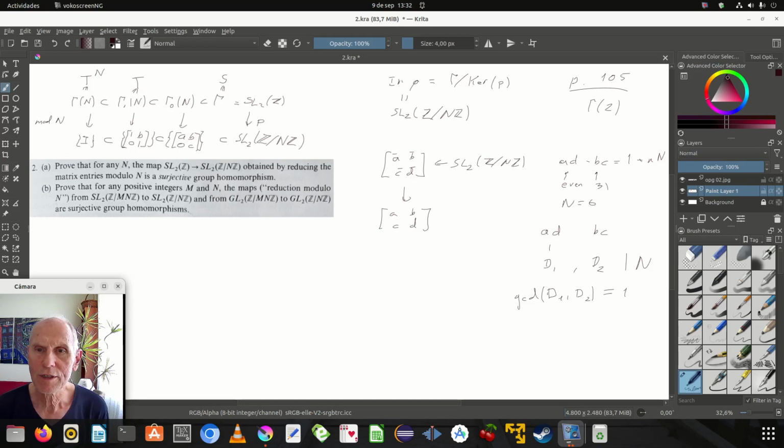My idea was that if A and B had no common divisors, then we can tweak D and C with n and use D plus xn, C plus yn, and then make this give unity.